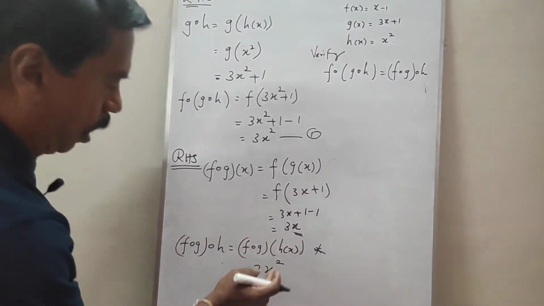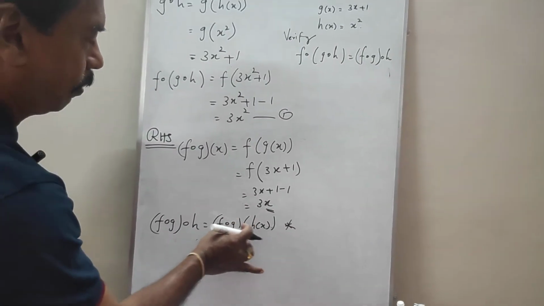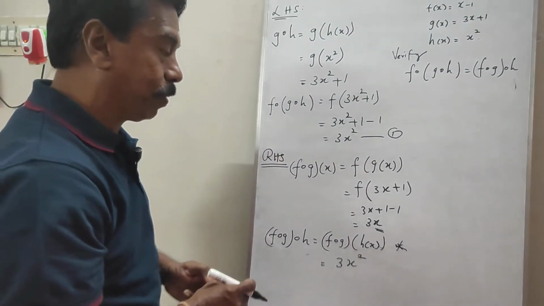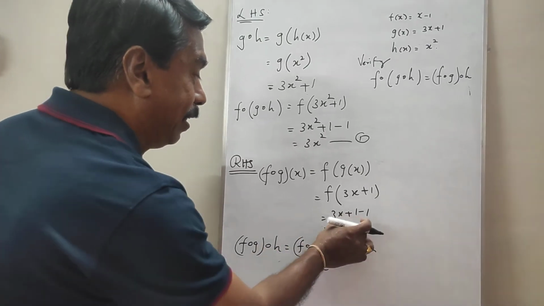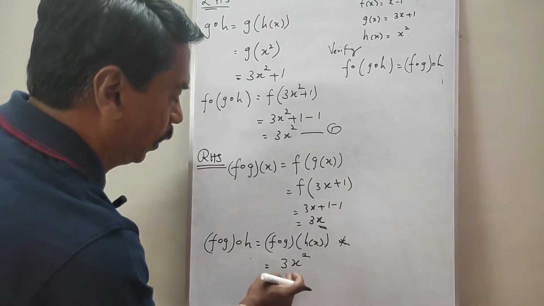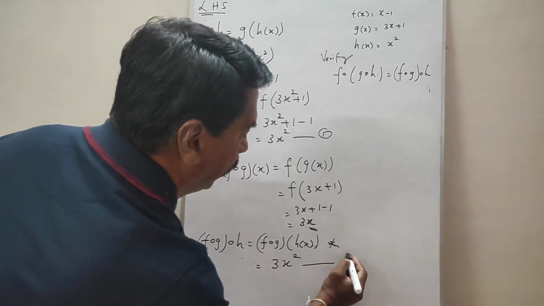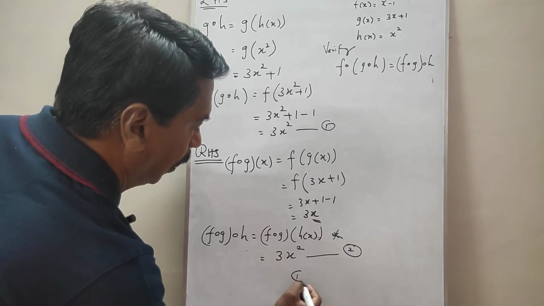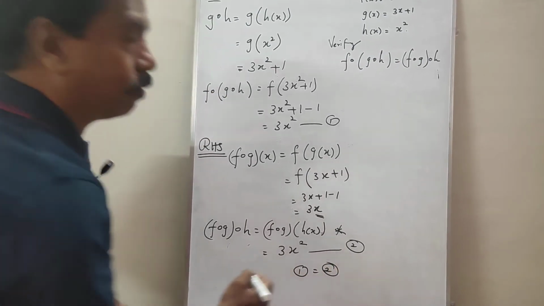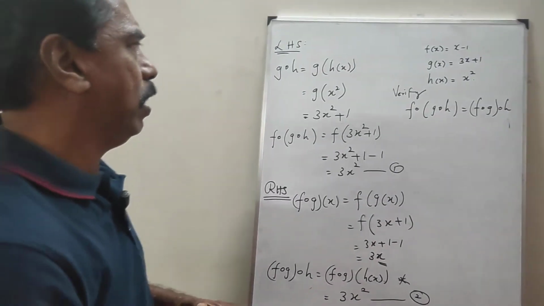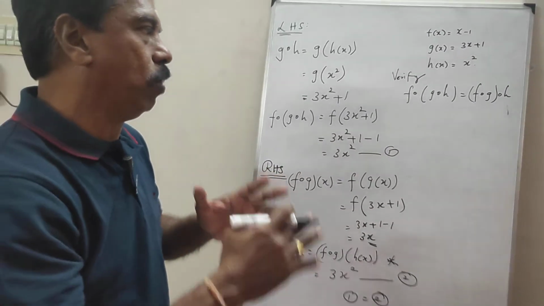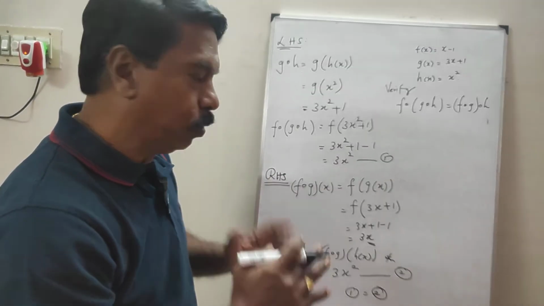Otherwise, you may get confused. So f∘g of h of x means in the function f∘g, what is f∘g? This is the function f∘g. By replacing this one, we get 3x squared. You see here 1 and 2 are equal. Therefore, it is associative. In general, in the composition of functions, the associative law always holds good.